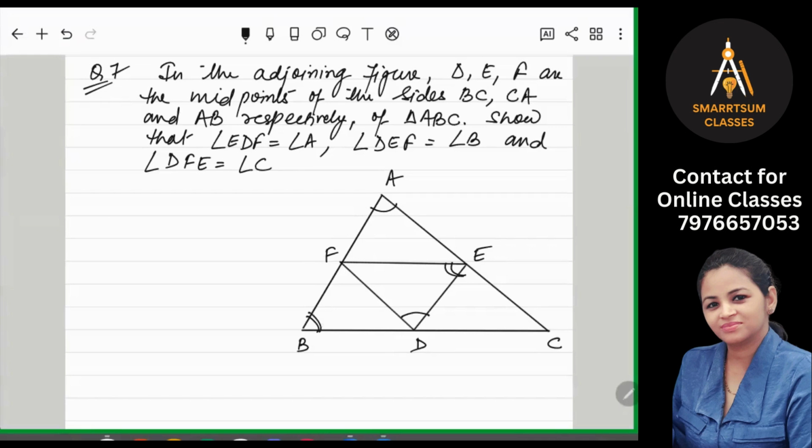And angle DFE, this one, is equal to angle C, this one. So you have to show this within the figure. And it is given that D, E, F are the midpoints of the sides of the triangle ABC. Now, how to do this question?